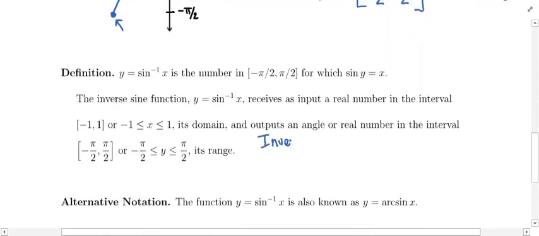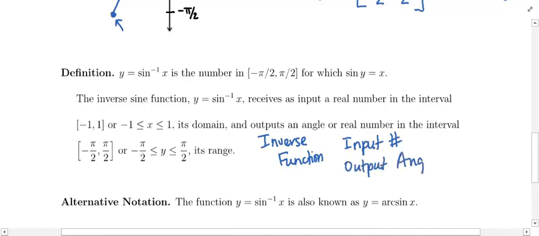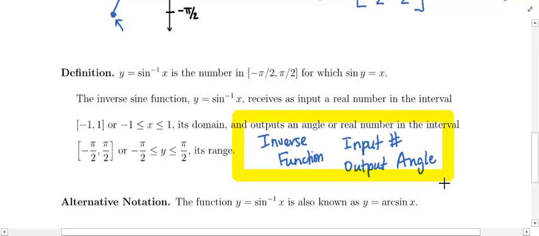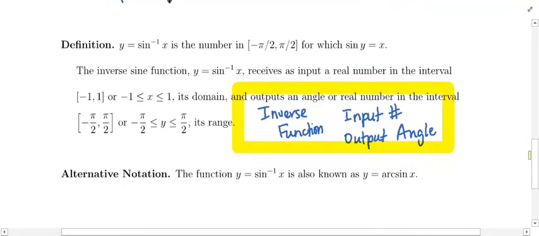With these inverse functions, the input is going to be a number and the output is going to be an angle. Please remember that. I'll even put a big box around it. That's important.